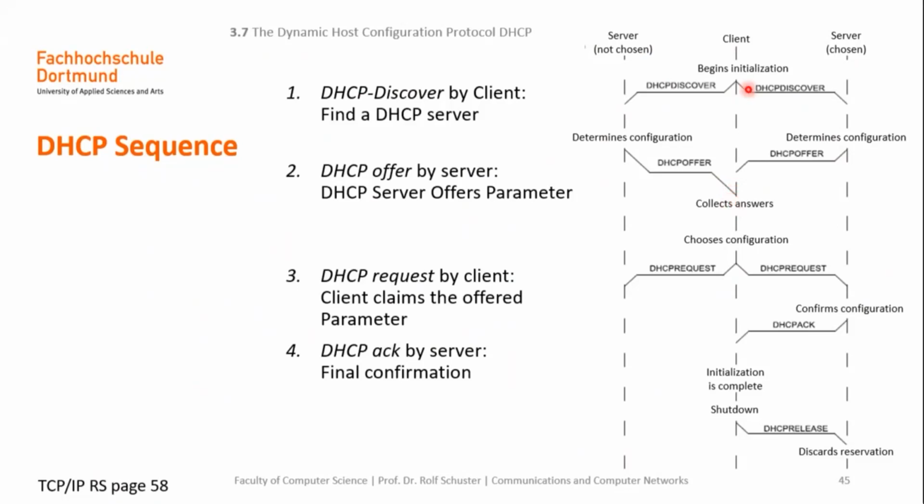Then the client chooses whether it will use the parameters offered by one server or the other. Then the client sends a DHCP request to the chosen server. And finally, the chosen server, when it receives the DHCP request, confirms the configuration with the DHCP acknowledge.